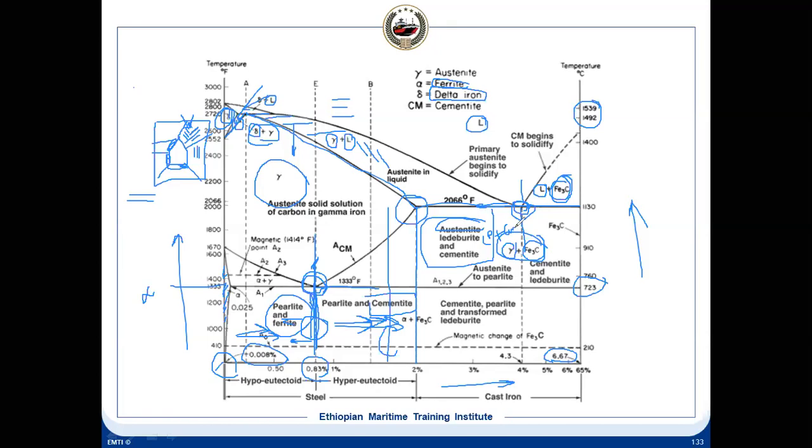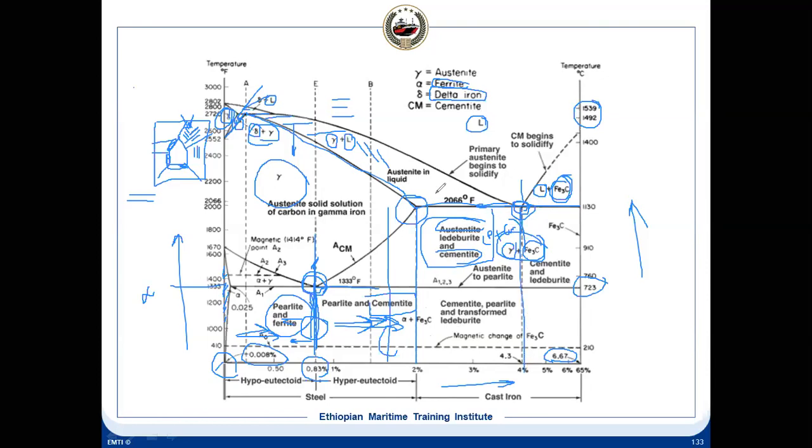So you will have ledeburite, a mix of pearlite and cementite, you will have pure cementite, and you will have austenite. So there will be three phases in this zone, from here to here.